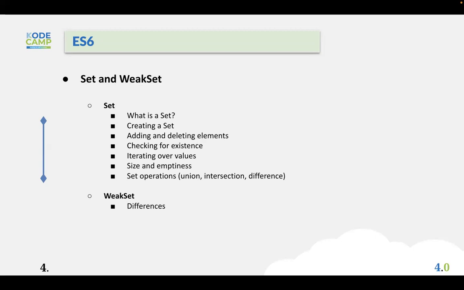So WeakSet has objects as its keys, as we earlier saw in WeakMap. WeakSet is about weak reference behavior.